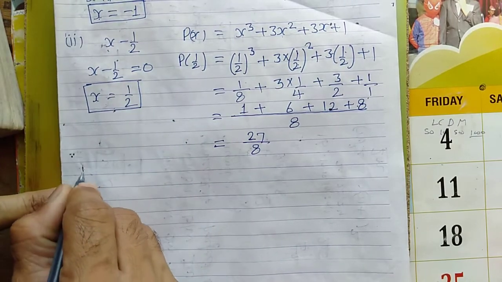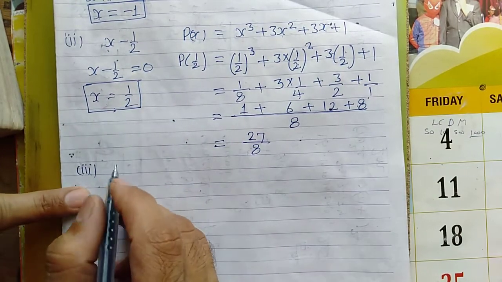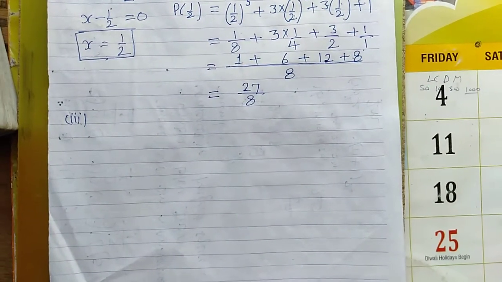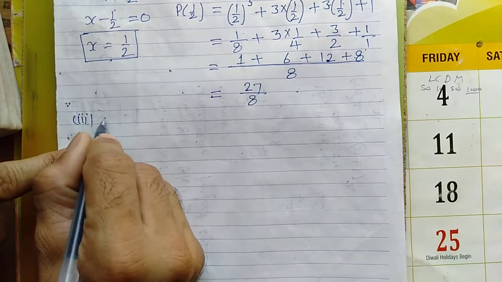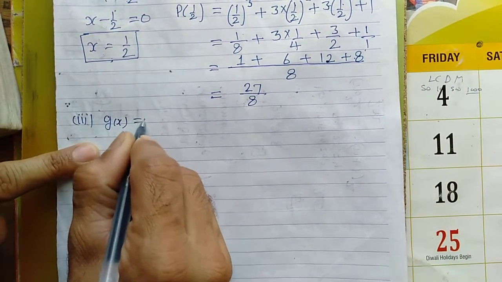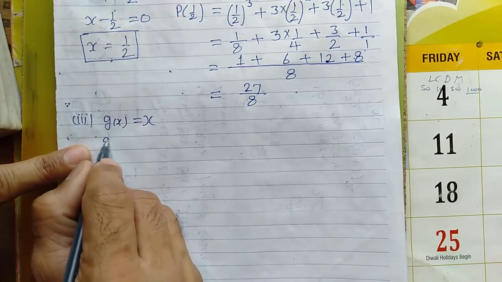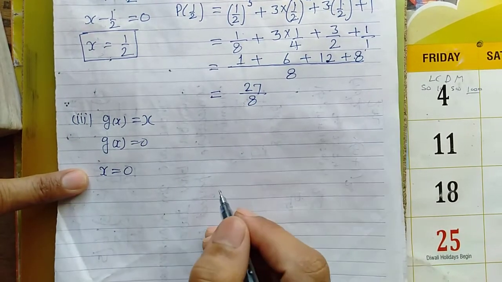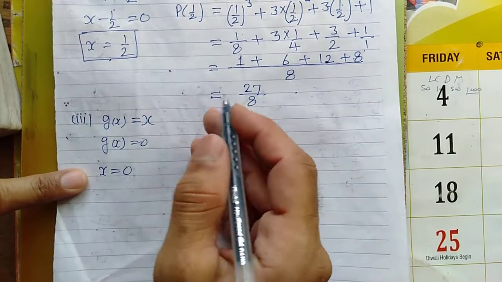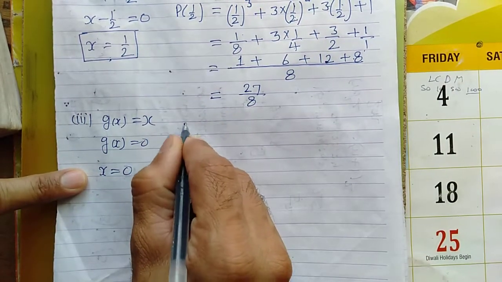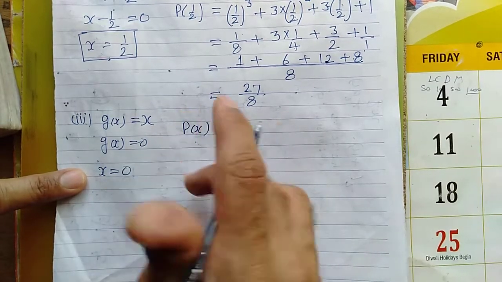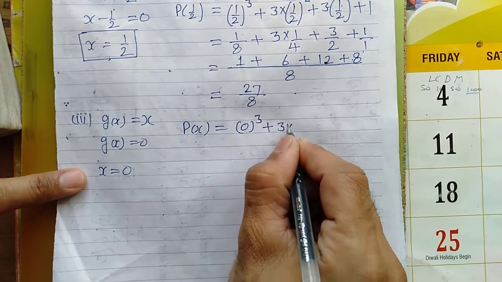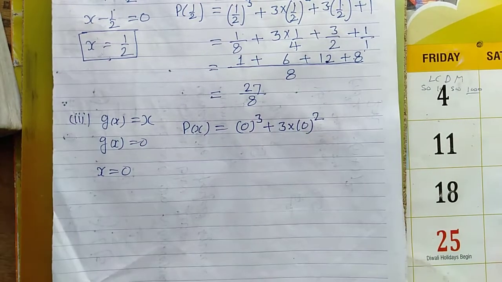Next question, number 3. Number 3 is divide the polynomial by x only. It means here we have gx equal to x. So we will take gx equal 0, it means we will take x equal 0, right? Means we will put here x equal 0. So px equals, in the same way, 0 cube plus 3 multiplied by 0 square.